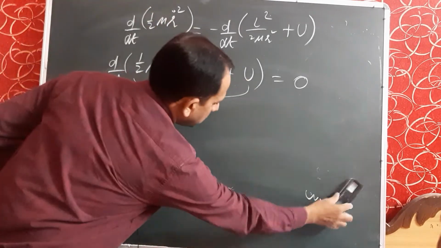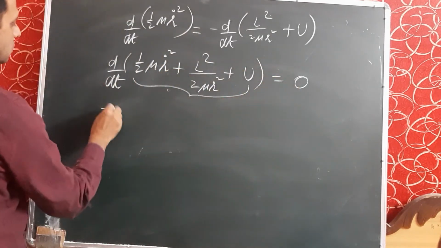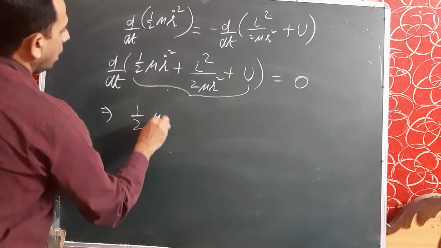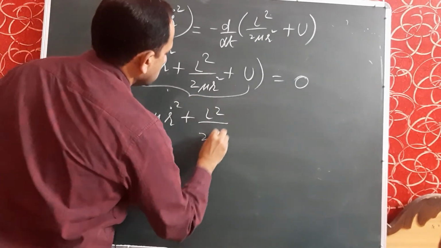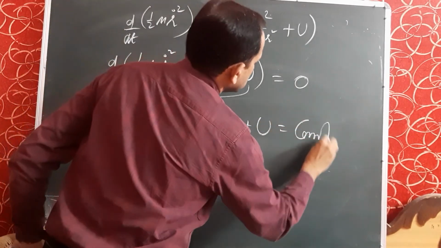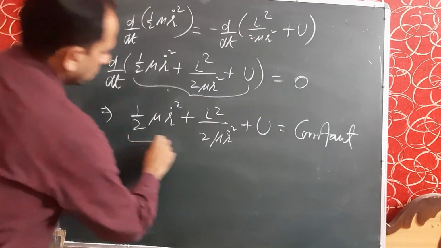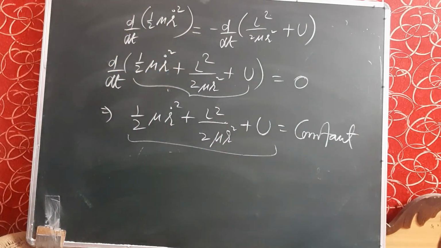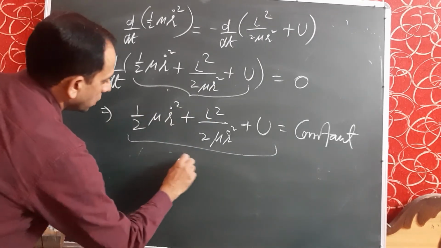This term is constant because its derivative is 0. So this implies half mu r dot square plus L square upon 2 mu r square plus u is constant. And this is nothing but the total energy, which I have proved in the previous article.